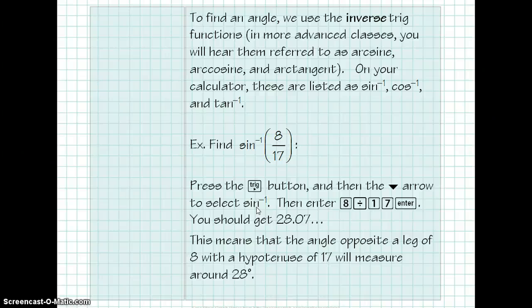But you want to press the trig button, then go down to sine -1, enter 8 divided by 17 and enter, and you get about 28.07, and so on. Okay, which again means if I've got a right triangle where one leg is 8 and the hypotenuse is 17, then the angle opposite the side that's 8 will measure about 28 degrees. Okay.